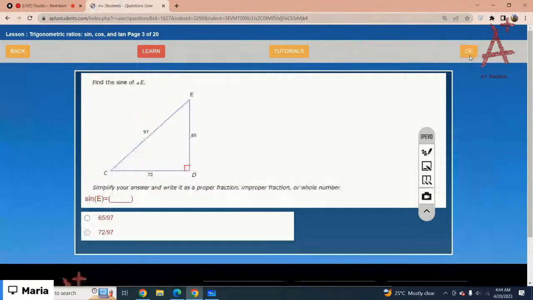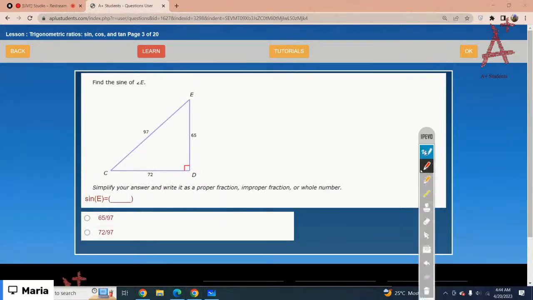The next one is find the sine of angle E. Here is angle E. You need to calculate sine of angle E. Sine of angle E is opposite divided by the hypotenuse.